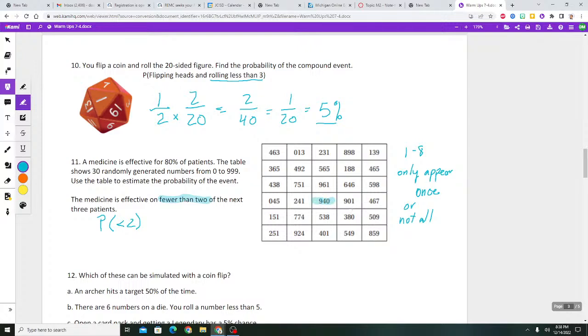Ooh, this has 1 success. This has 1 success. Then more with 3 successes, then 2 successes, and 1 success.